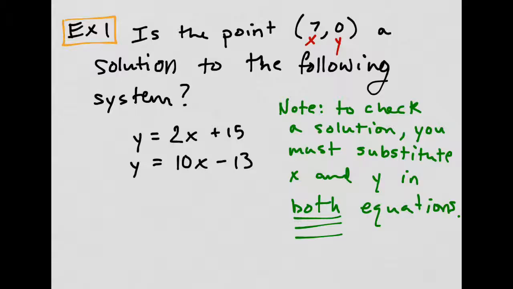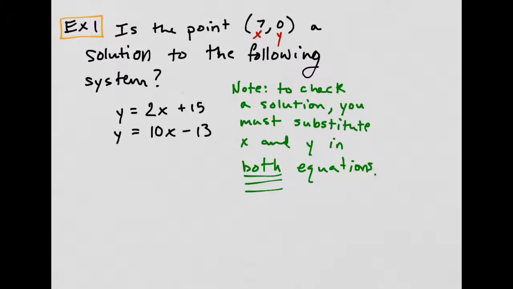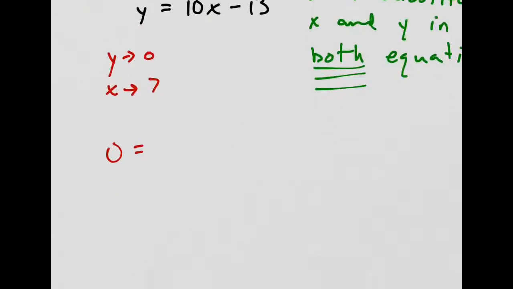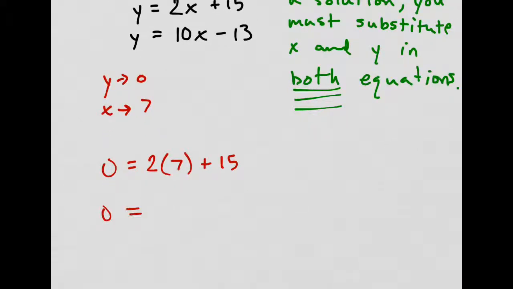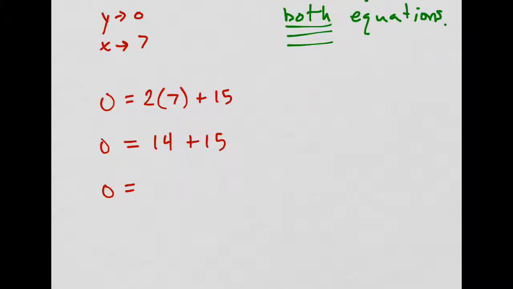To check a solution, you must substitute x and y in both equations. So that's what we're going to do here. y is going to be 0, and x is going to be 7. So in the top equation, we have 0 equals 2 times 7 plus 15, and 0 equals 14 plus 15. 0 equals 29?